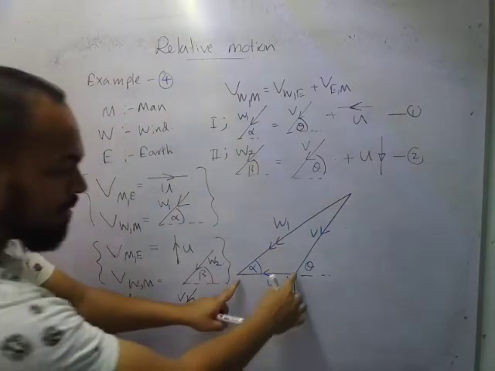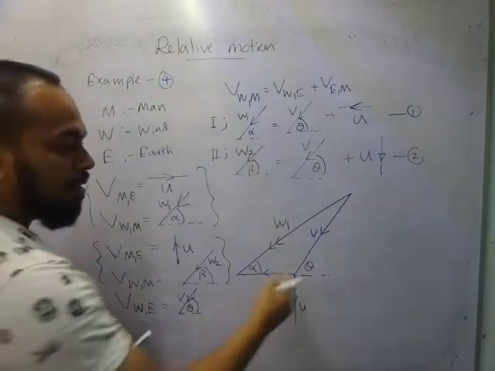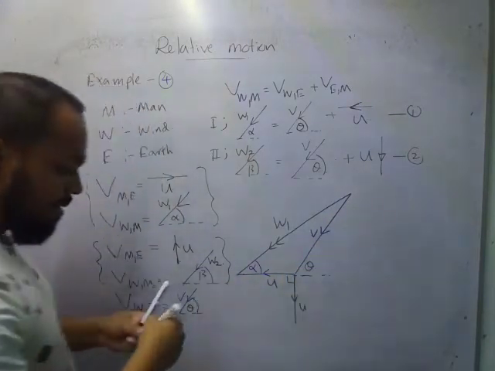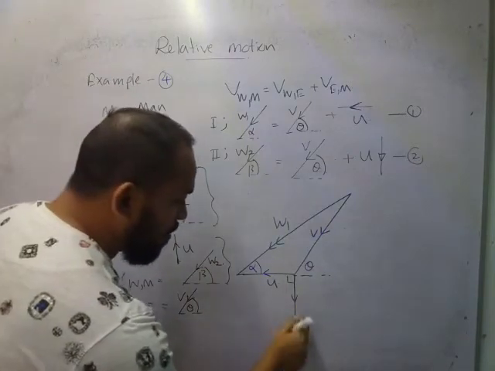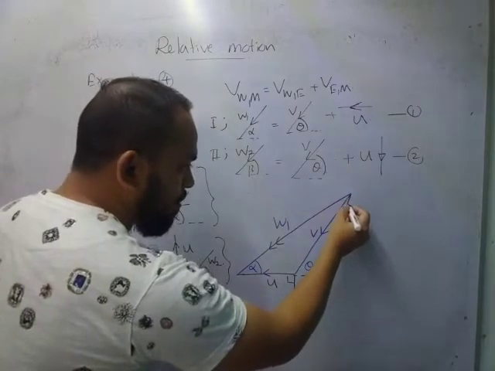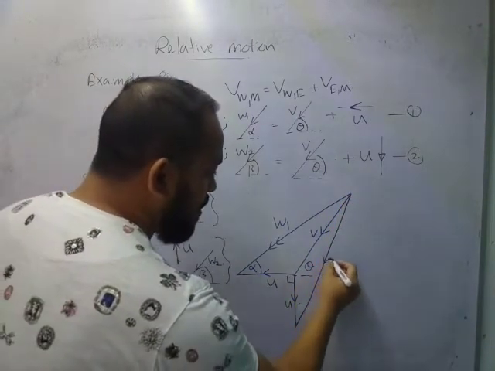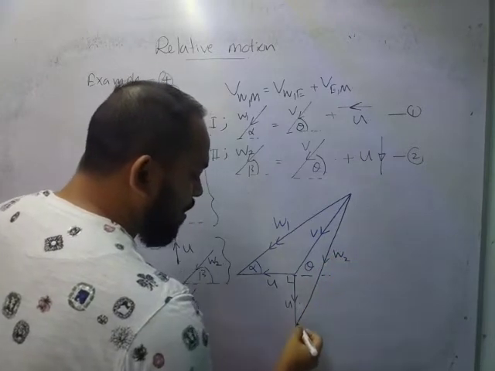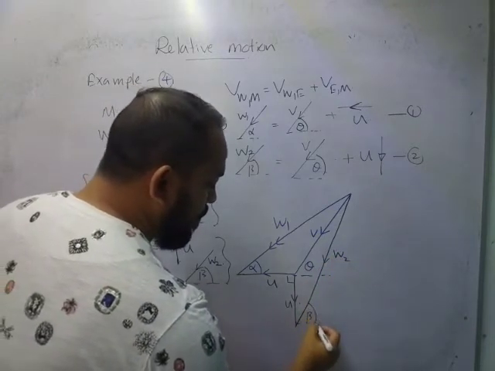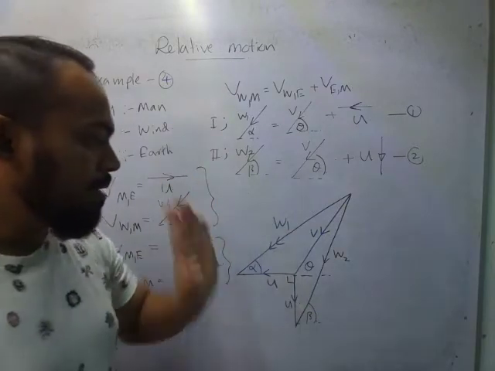Take the same side length. Now the resultant of these two, what is the resultant of these two? Let me mark u on this side. The resultant of these two is W2 and this should be beta. So this is the diagram.